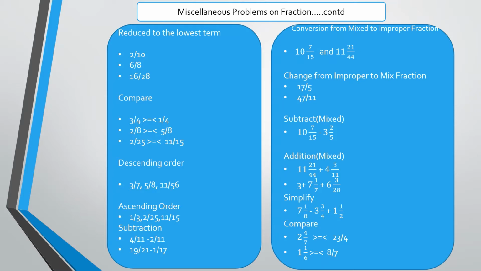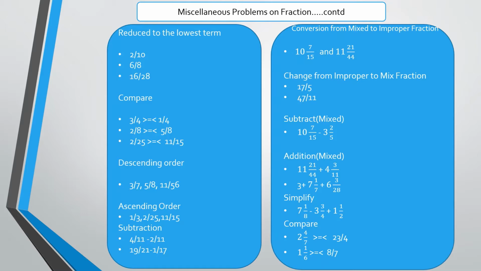How to compare different types of fractions, which one is bigger, which one is smaller, whether they are equal to each other, between like fractions, unlike fractions, proper fractions, improper fractions, and mixed fractions. We'll also learn to arrange fractions in descending order and ascending order.